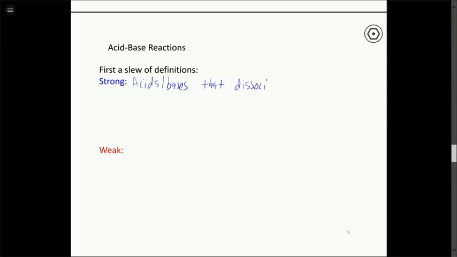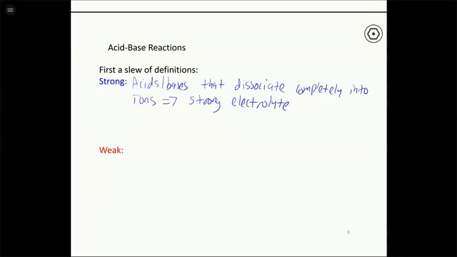So an acid or base that dissociates completely into its ions is a strong acid or a strong base, and as we saw last time, these result in a strong electrolyte solution. So for an acid, if it completely breaks down into H+ and then the counter anion, that's considered a strong acid, and for a base, if it completely releases its OH-.